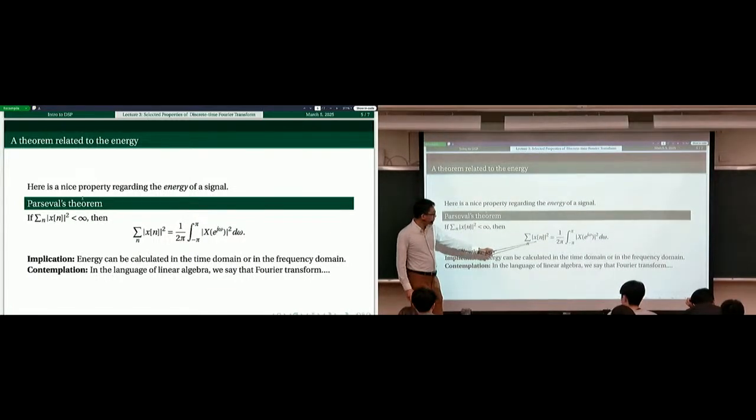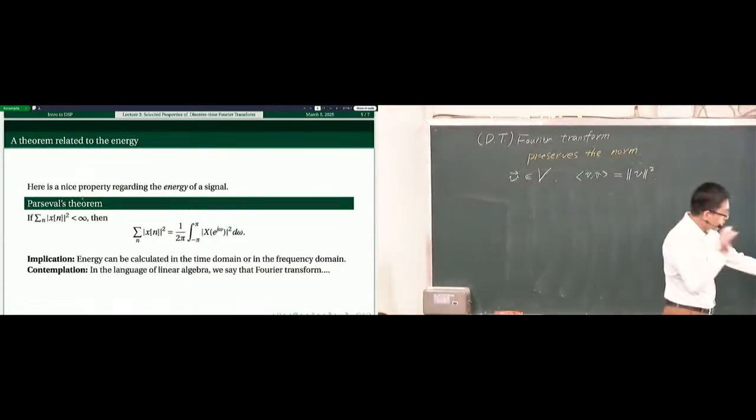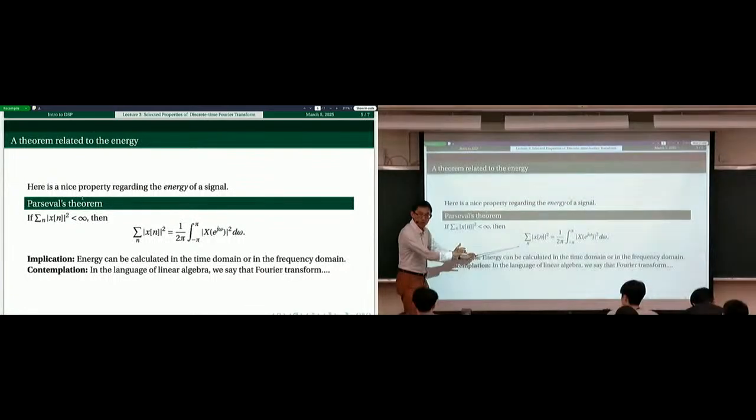This is like we are taking the inner product of our signal with itself in the vector space of all signals for which this summation converges. Long story short, you can appreciate it as a kind of norm square.